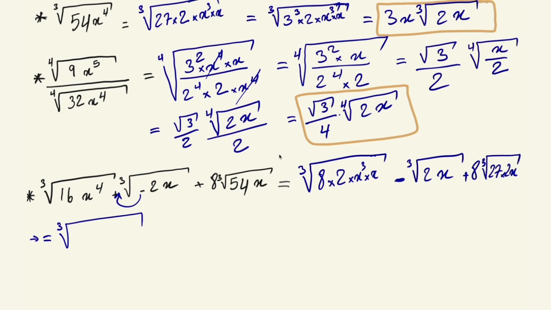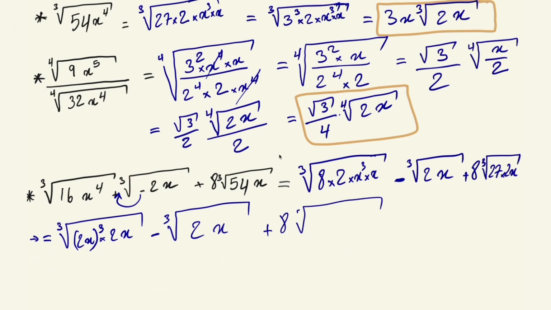This is just 2x to the third, and this x here will be just 2x to the third times 2x minus, the second one we can do anything, just stays like that, minus the square root of the third root of 2x plus 8, the third root of 27. We can write 27 just as 3 to the third power times 2x.